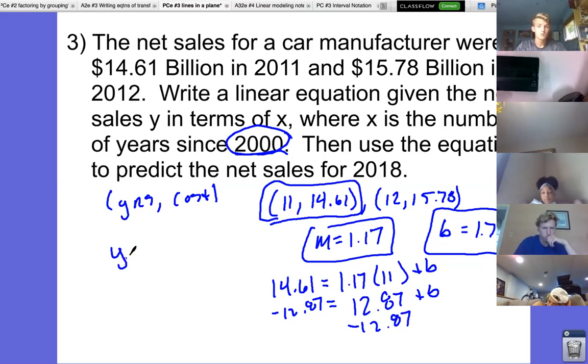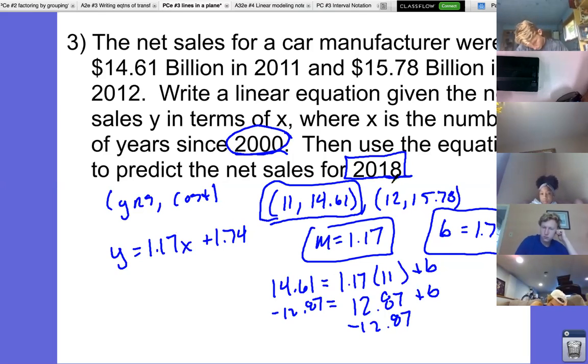So my equation is this. And now use the equation to predict the net sales in 2018. So what value am I going to plug in for X this time? 18. That's right.